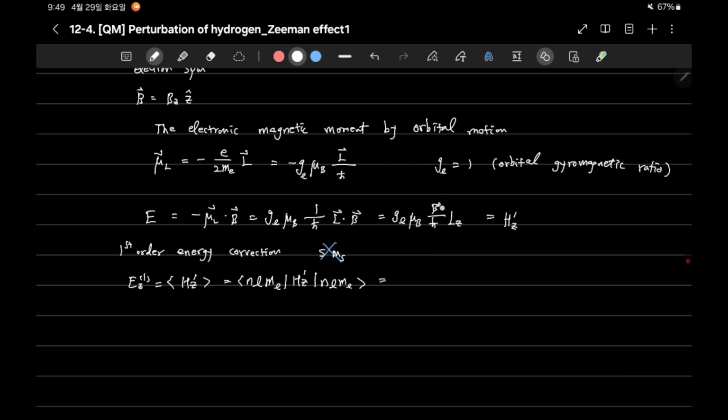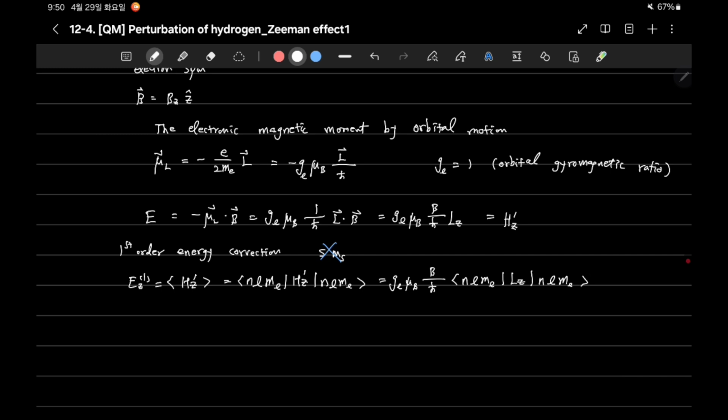This physical quantity B is not an operator; the only quantum mechanical operator is L_z. So g_L mu_B B over h bar is a constant, and L_z is the operator, so we take the expectation in n l m_l.